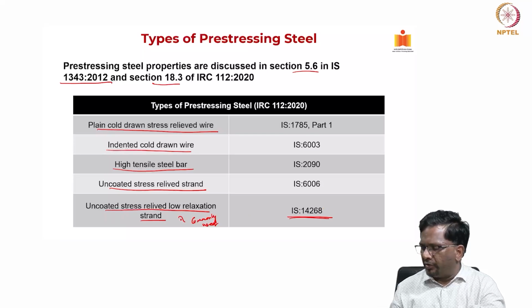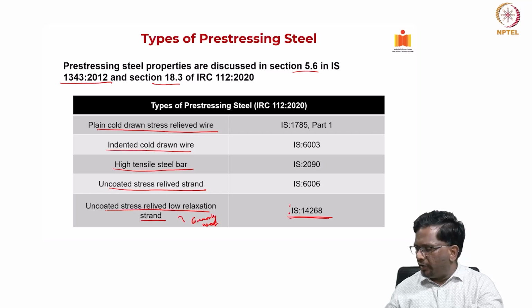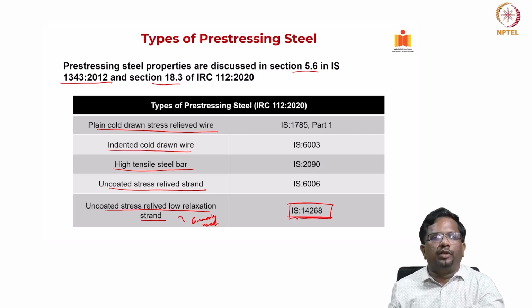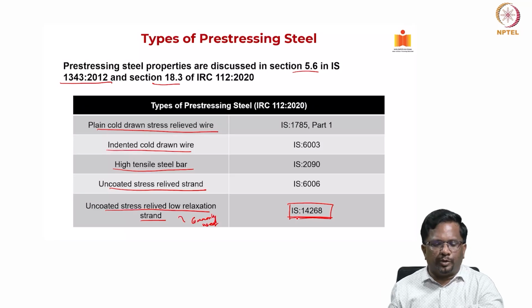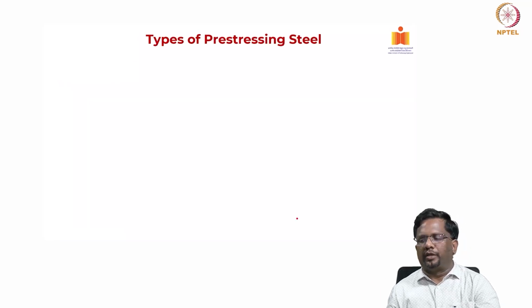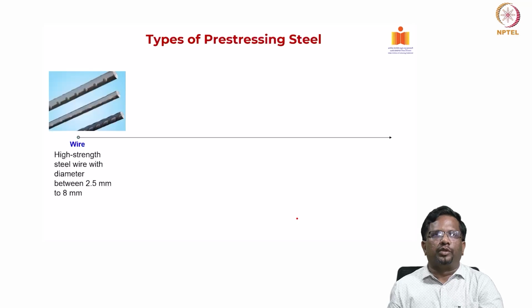For example, for this low relaxation strand, which is commonly used for pre-stressing, we have to resort to IS 14268 for making sure that the wire or the strand that we are using conforms to the standard specifications.